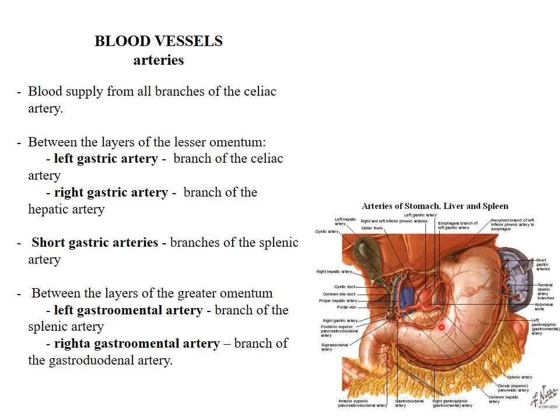This is the right gastric artery. Then there are the short gastric arteries. These short gastric arteries are branches of the splenic artery. And third is the gastroepiploic artery, left and right gastroepiploic artery.